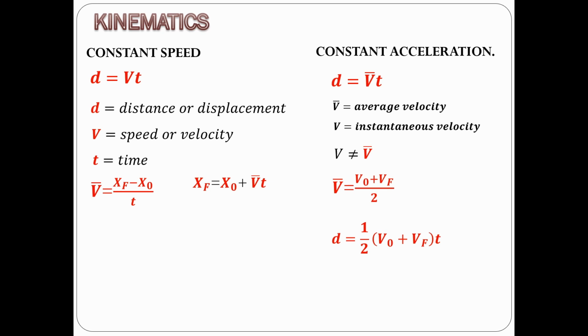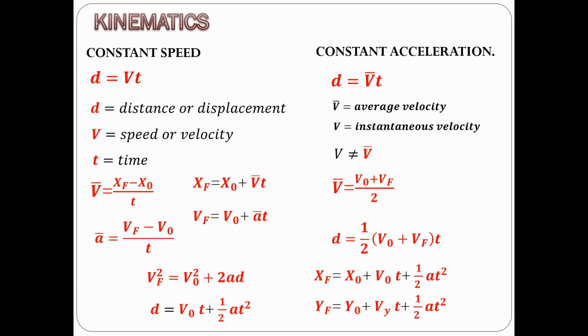We said that average velocity is equal to change in position divided by time. Average acceleration is equal to change in velocity divided by time. So if we rearrange this equation, we get v final = v initial + at. We can also add the following equations, and these are the formulas.